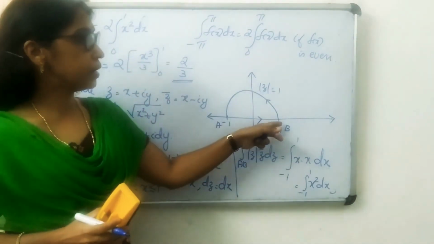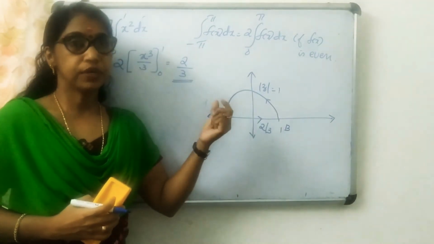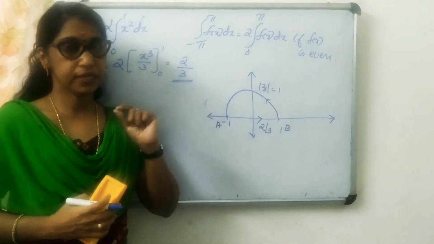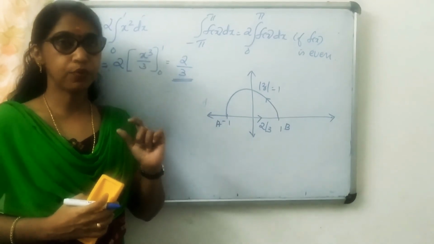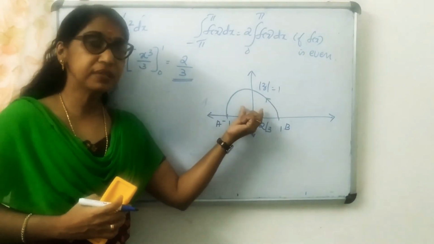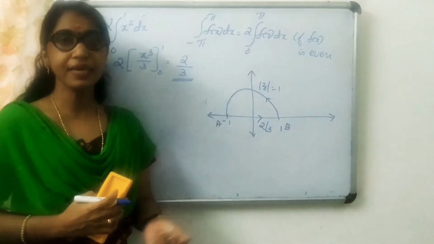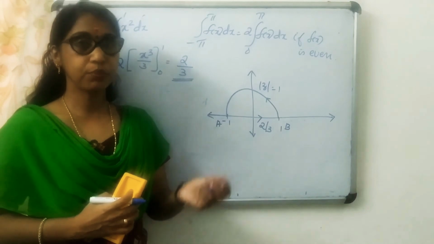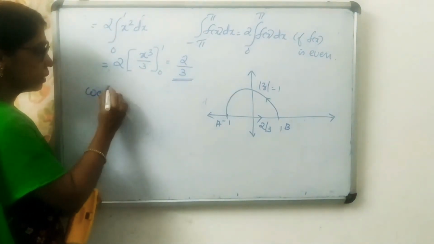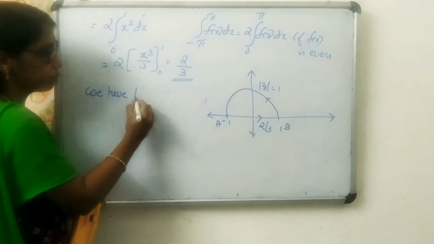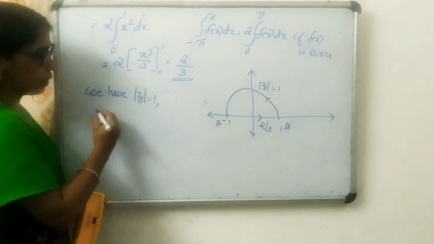Now we have to find out the integral along this semicircle. ഇവിടെ സർക്കിൾ ആയതുകൊണ്ട് we are using polar coordinates, because if we are given the curve C is a circle, then the polar form is the easiest method. So we have modulus of z equal to 1.